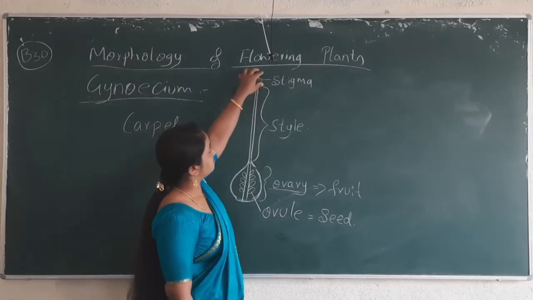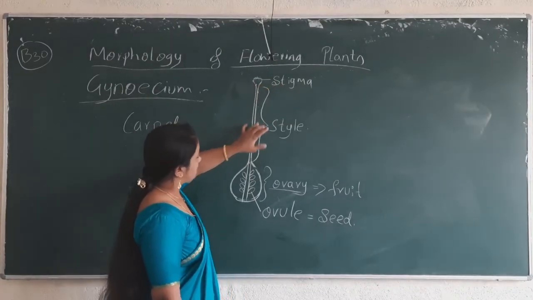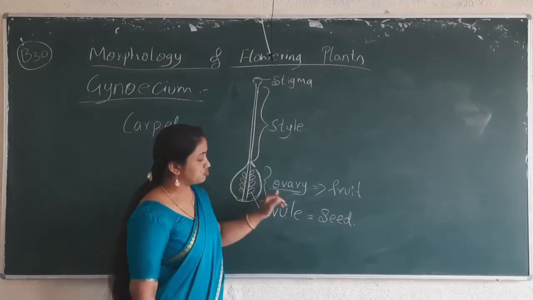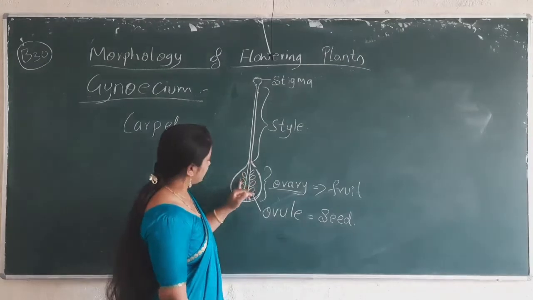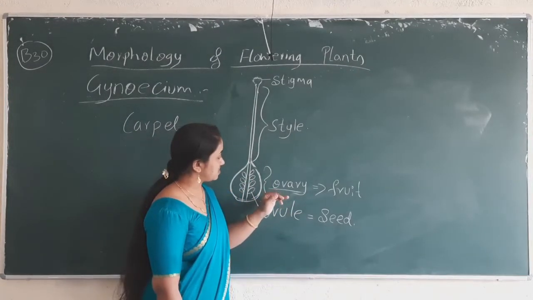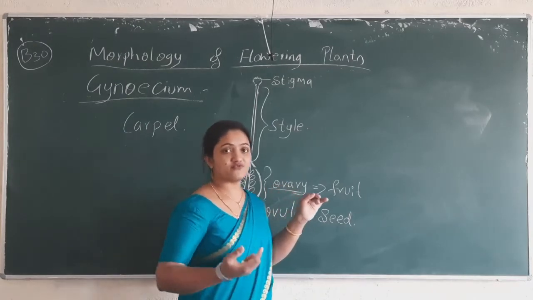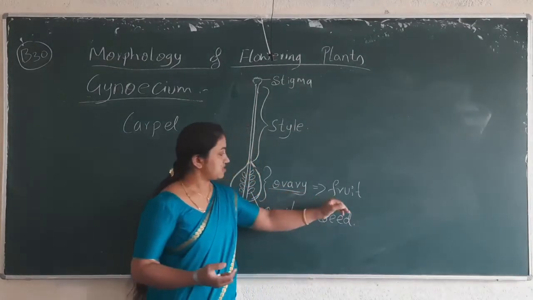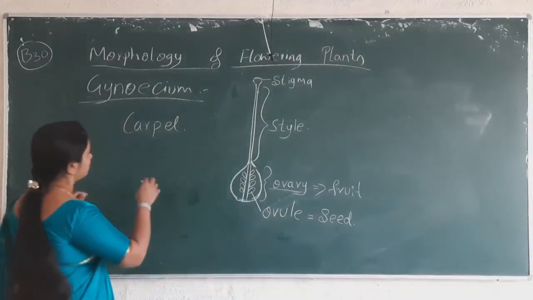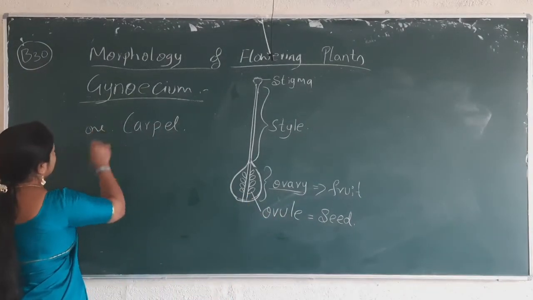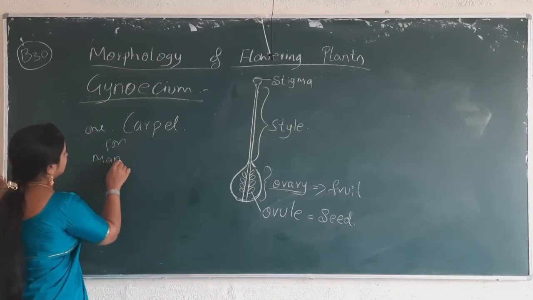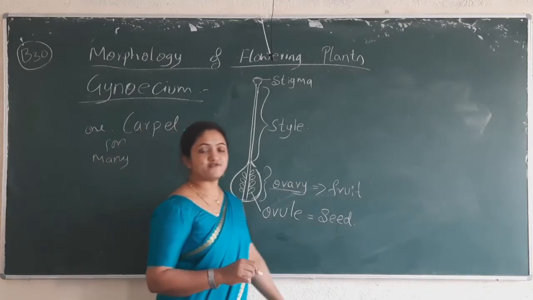Carpel consists of a sticky stigma, a long tube-like style, and the enlarged portion known as the ovary. The ovary encloses a number of ovules. In the future, meaning after fertilization, the ovary becomes fruit, and the ovule becomes seed. Now, one carpel or many carpels may be present in different species.